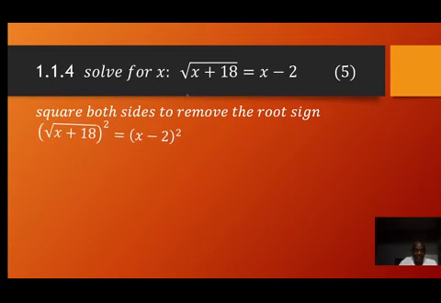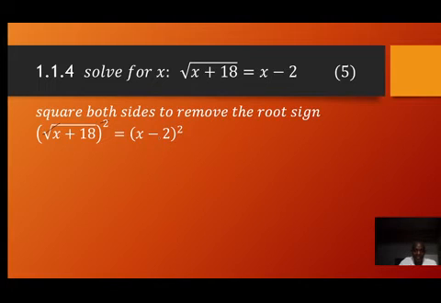When you square both sides, we put brackets, then squared, and this side as well squared. The square cancels with the root sign, and you are left with x plus 18, and this side we expand normally as we did in grade 11.